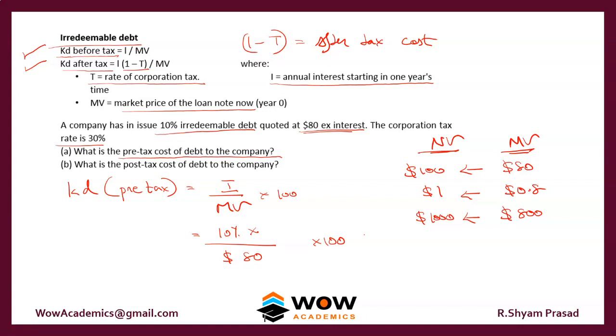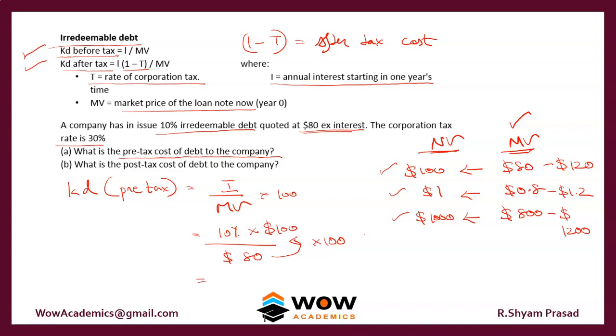Usually we have to find this nominal value ourselves, because the price would be trading close to the nominal value, and nominal values will always be 100 or 1 or 1000. So the price can also be $120 or $1.2 or $1,200. If the price is in some range like this, usually the nominal value is like this. So in this problem, as the market value is 80, the nominal value should be 100.